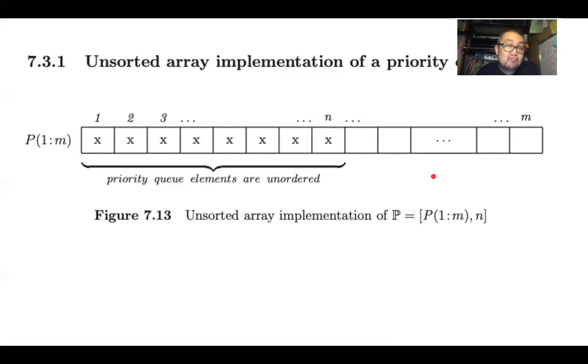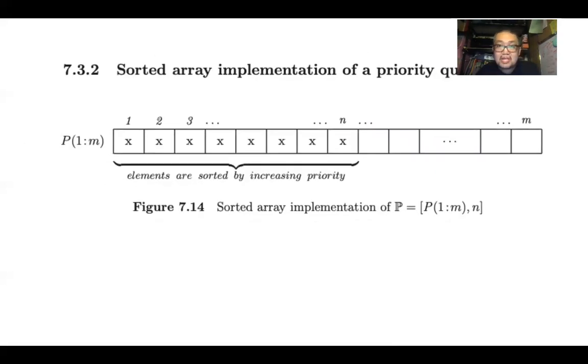It will only take us O of 1 time, constant time, because we always add at the end. However, it will take us O of n time to extract an element because we have to look for the largest element in this priority queue.